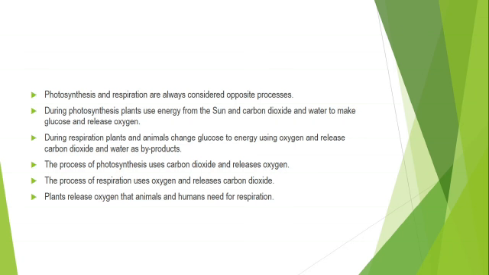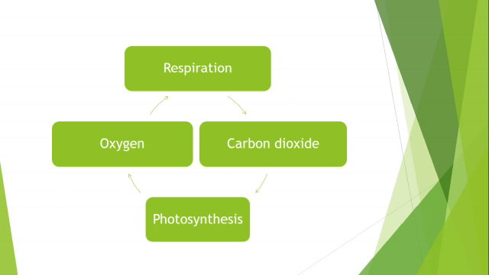Right, you find that the plants release oxygen that animals and humans need for respiration. In the same way, the animals and the humans release carbon dioxide that is needed for the process of photosynthesis.